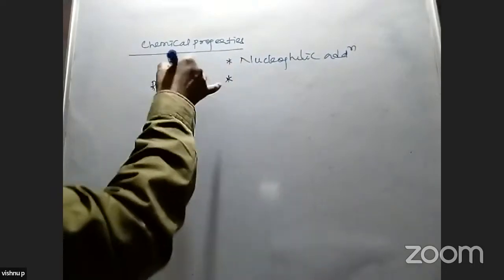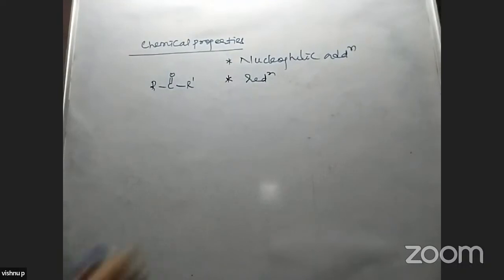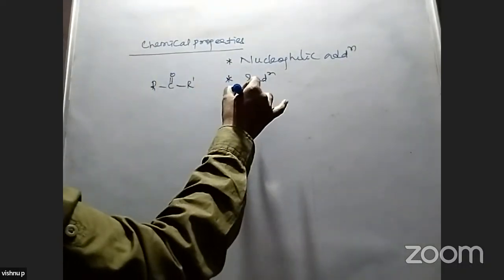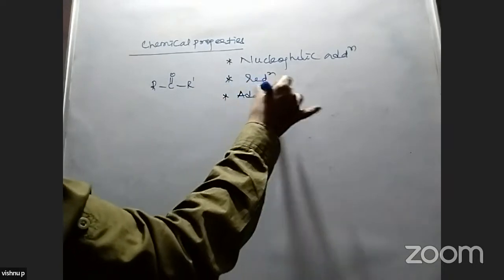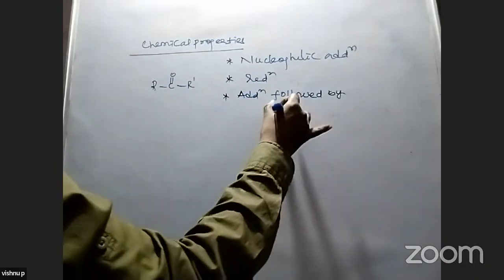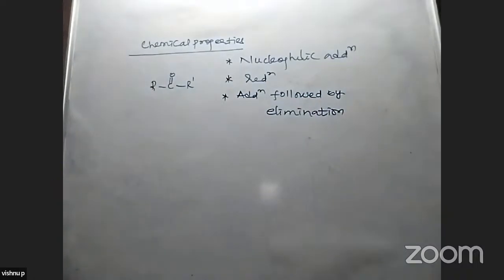Second type is because of oxygen, it is involved in reduction reactions also. And the third type of reaction is addition followed by elimination reaction also.